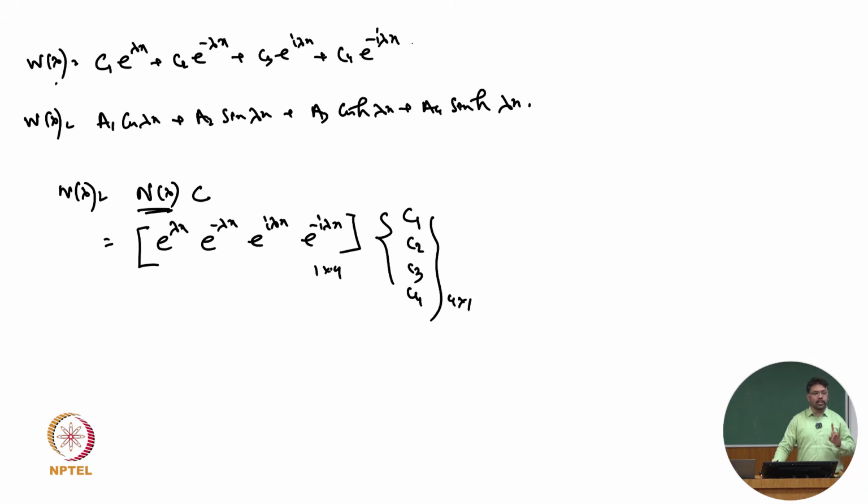But the important point is that I am segregating all the unknown coefficients like C1, C2, C3, C4, and I am taking all the functions on one side.